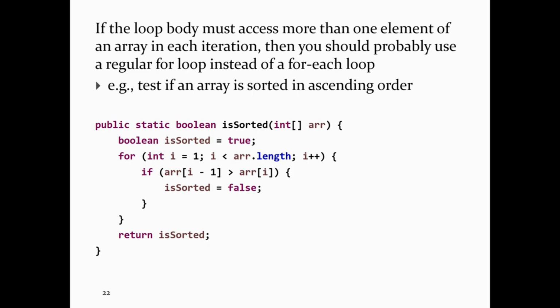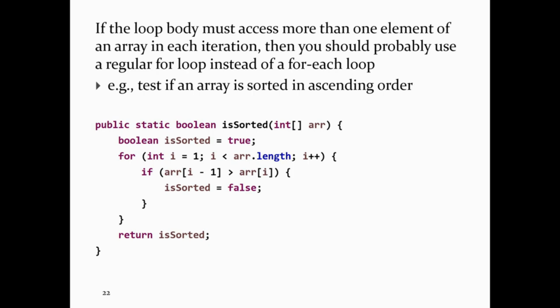In the case of solving the problem, is this array sorted, you want to look at 2 values in the array at the same time. The for each loop only lets you look at 1. So this is another situation where you probably want to use a regular for loop. You can write a for each loop, it just becomes more awkward to do it.